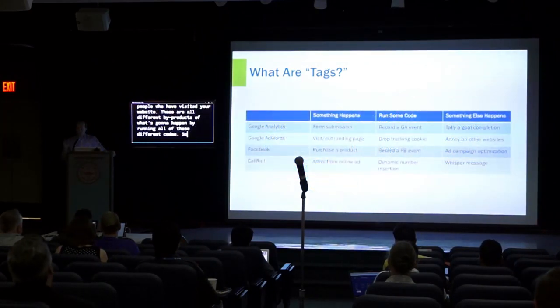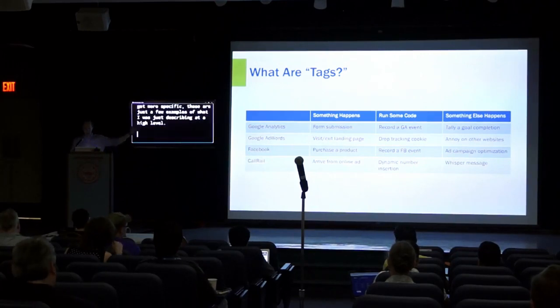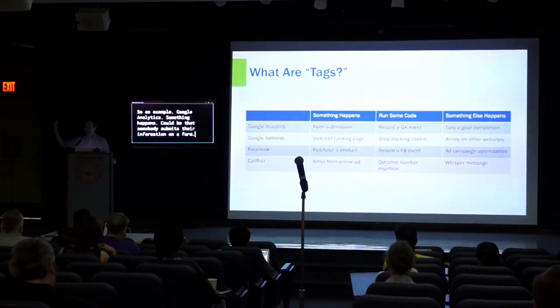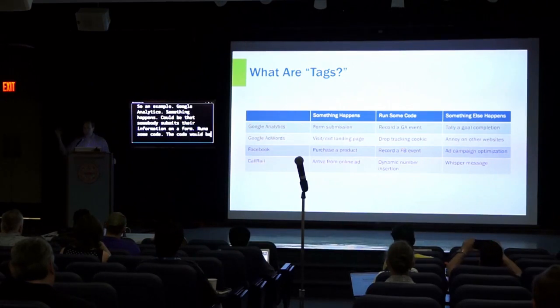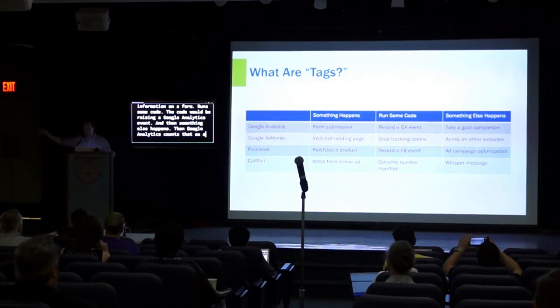So just to get more specific, these are just a few examples of what I was just describing at a high level. An example, Google Analytics: something happens, could be that somebody submits their information on a form. Run some code. The code would be raising a Google Analytics event. And then something else happens: Google Analytics counts that as a goal conversion.